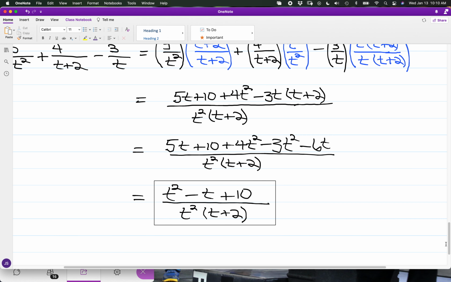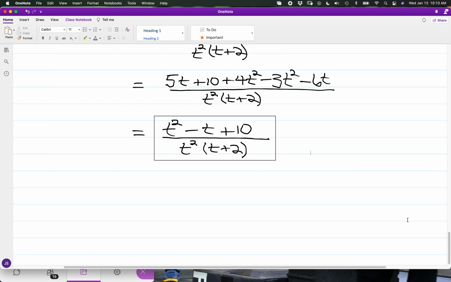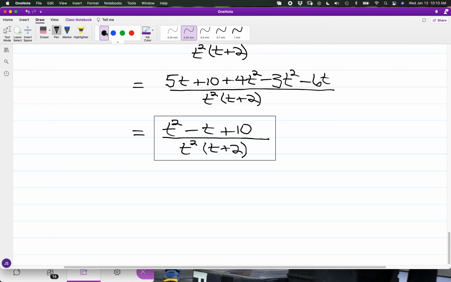Right. Okay. And we're soon going to be looking into working with equations of various types. But for what we have in the meantime, let's see what we get.